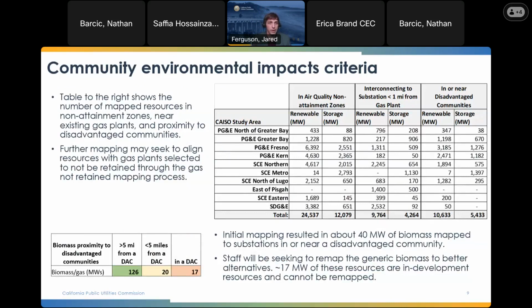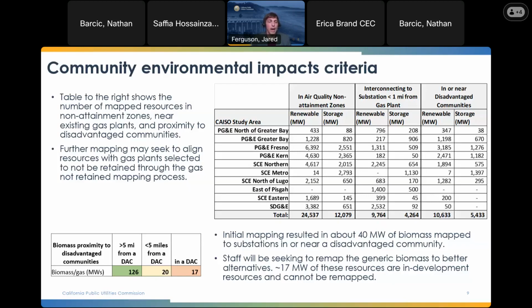One thing I'll note is that as we're implementing our proposed gas capacity not retained mapping process, we will look to assess how mapping, particularly storage, but also renewable resources, how can we potentially, if needed, tweak the resource mapping to better align with that process.